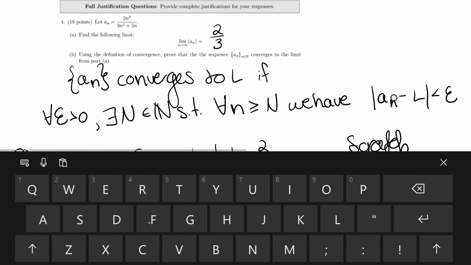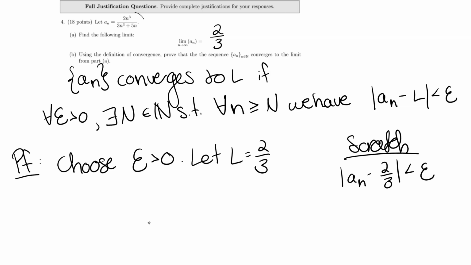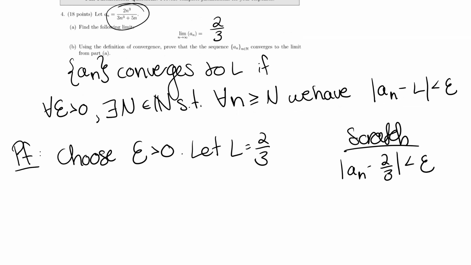Okay, but what does my a sub n even look like? Oh, wow, it looks like this crazy thing. So we have 2n cubed over 3n cubed plus 5n. I want that minus 2/3 to be less than epsilon. Whew, boy, that's crazy, isn't it?